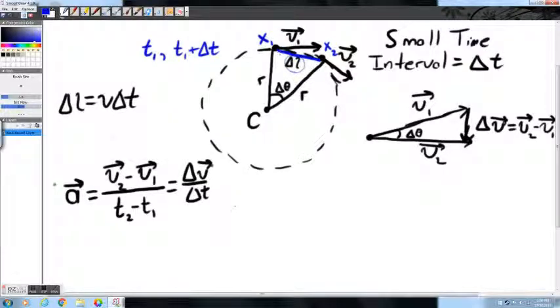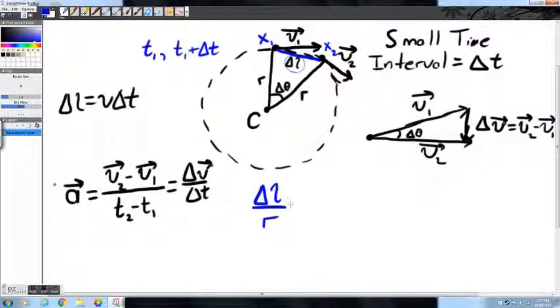So, for very small times, that arc is going to equal a straight segment between those 2 points, those 2 positions. So then we have another right triangle. And this right triangle and that right triangle are going to be similar.